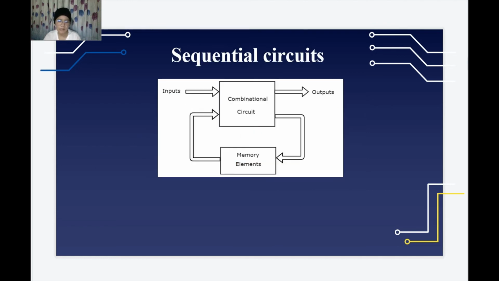So the second is the sequential circuit, which depends on the clock cycle and depends on the present as well as the previous or past input to generate output. So that is sequential circuit.